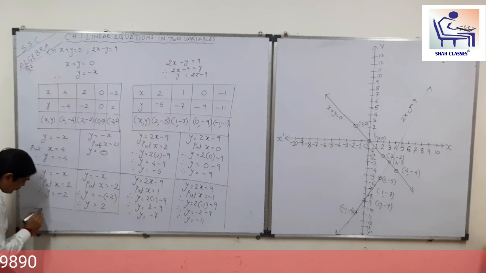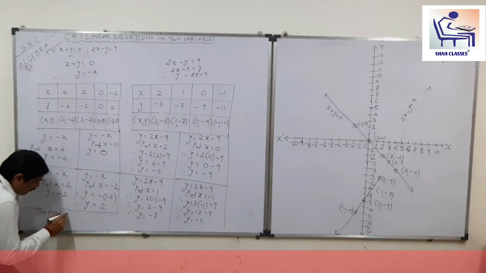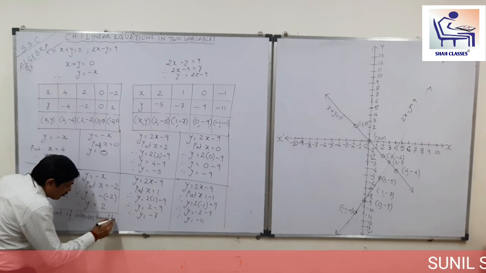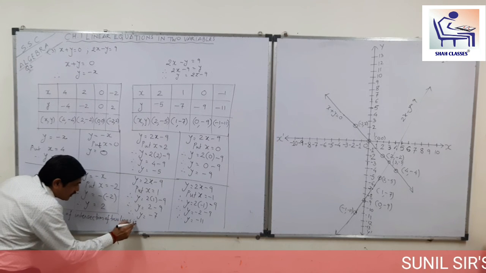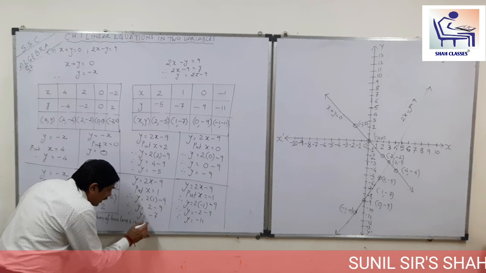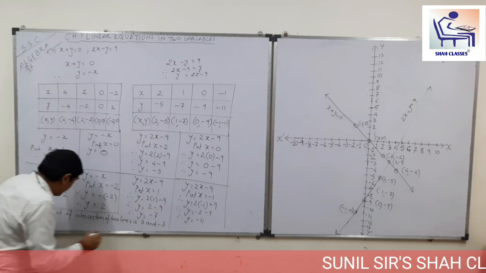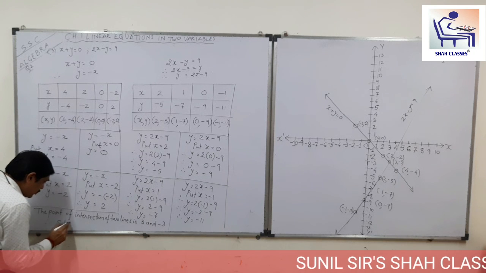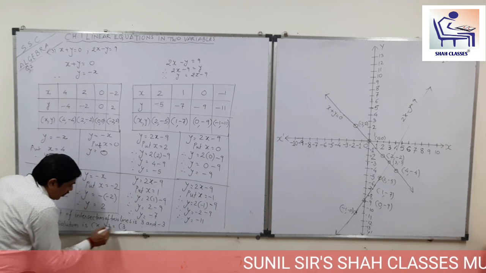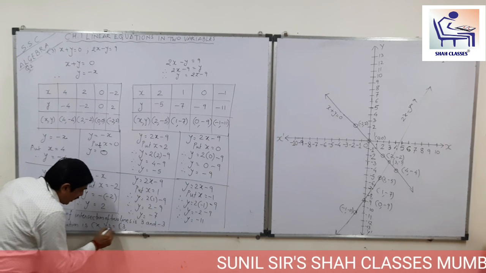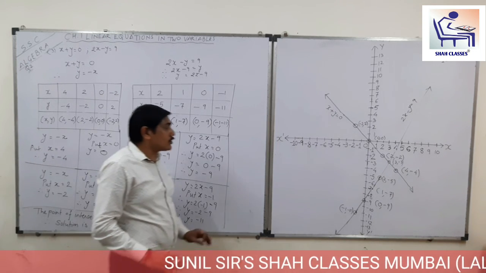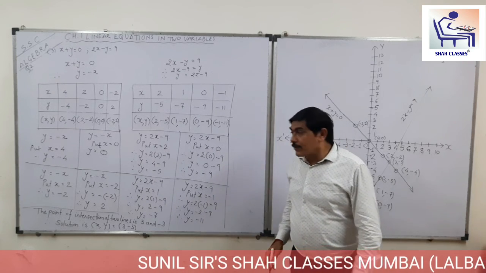The point of intersection of two lines is 3 on x-axis and minus 3 on y-axis. Therefore, the solution is: the value of x is 3 and the value of y is minus 3. So here we have completed the third sum.